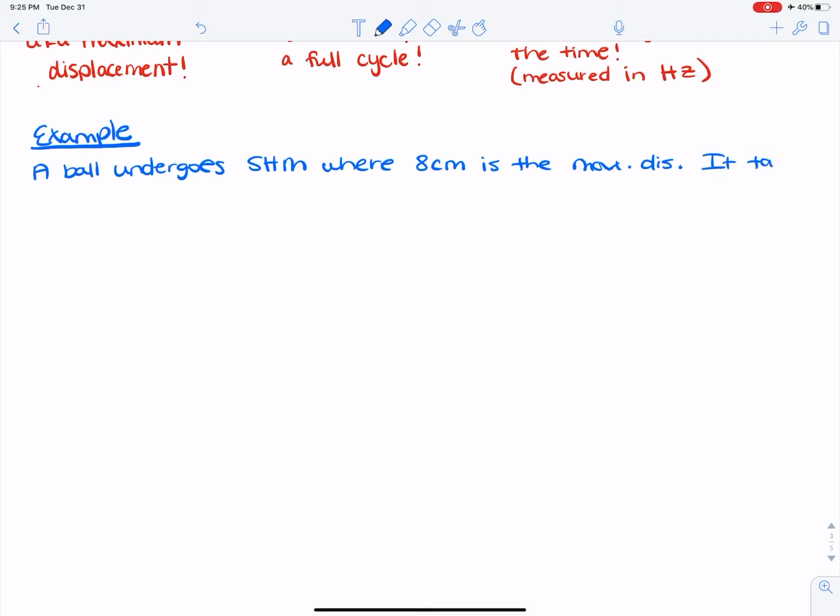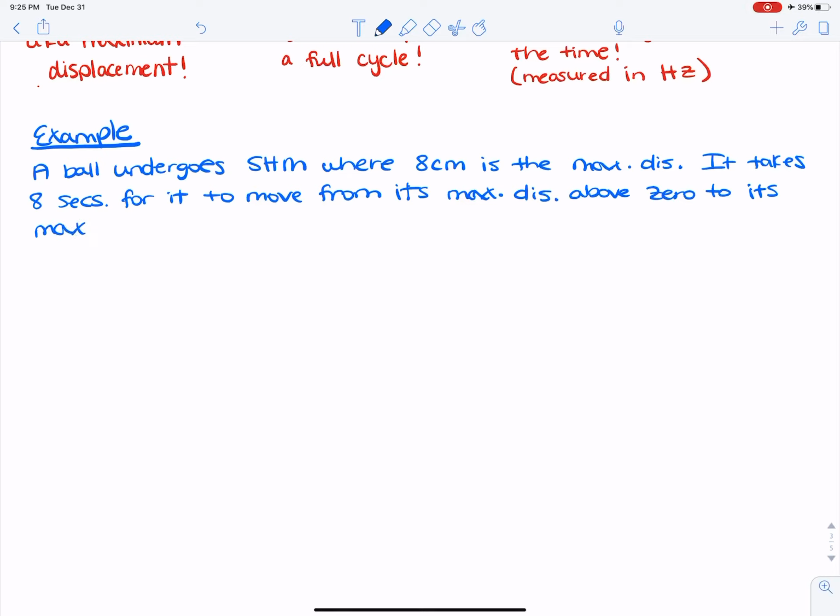It takes 8 seconds for the ball to move from its maximum displacement above 0 to its maximum displacement below 0 and back again. A lot of words to just describe the period.